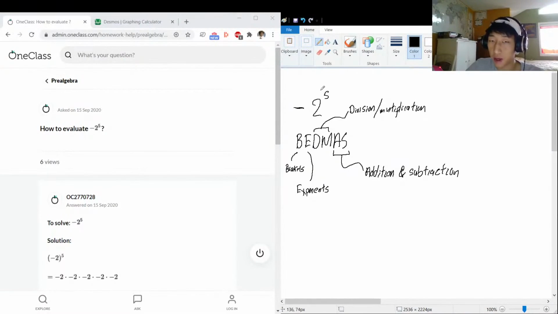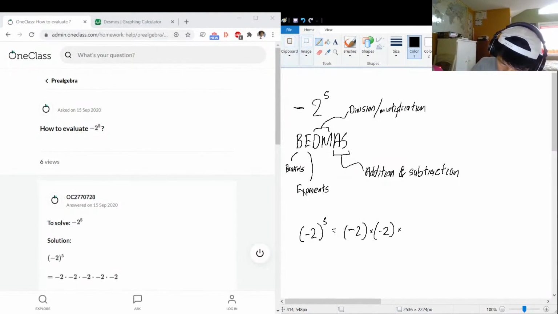We would need brackets around this 2, to the power of 5, to make this like negative 2 times negative 2 times negative 2 times negative 2 times negative 2.